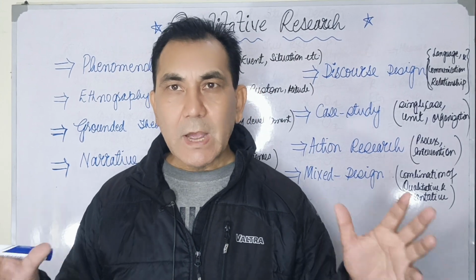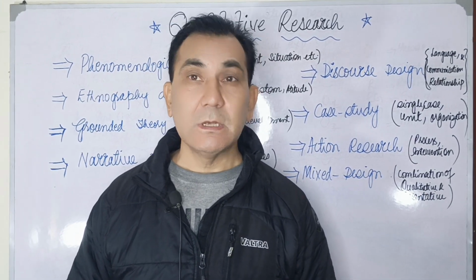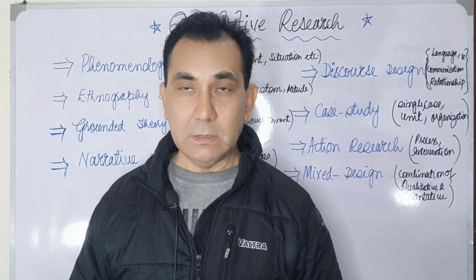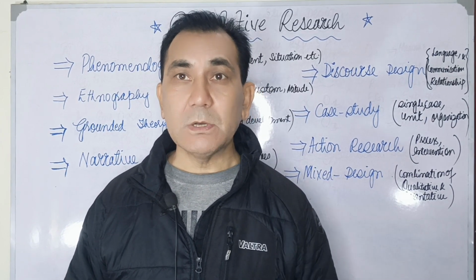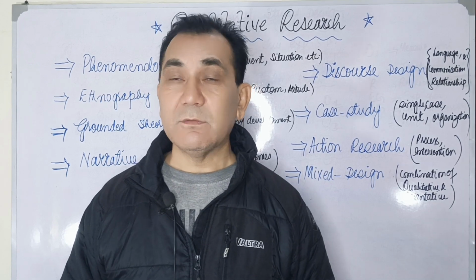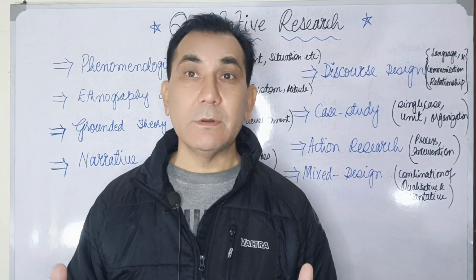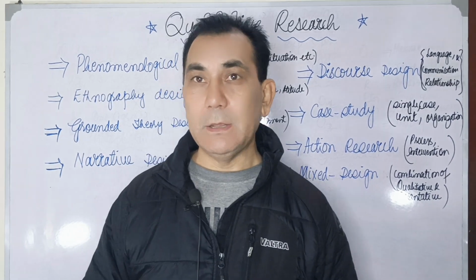So he can identify the barriers, he can identify the obstacles against his policy during the implementation phase or the process phase, and he can modify or manipulate, or he can remove, eliminate or control those barriers.